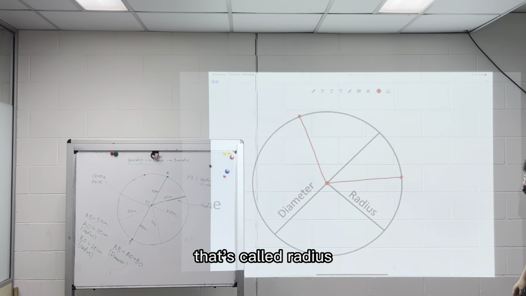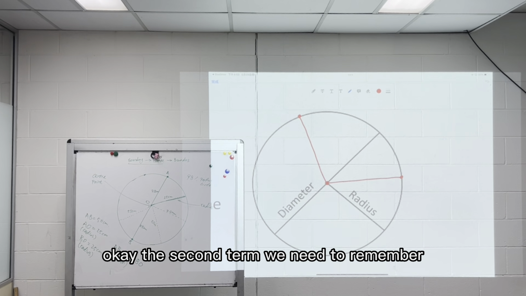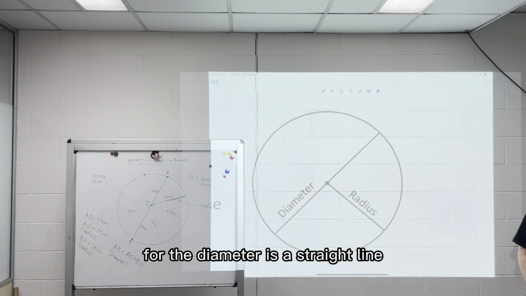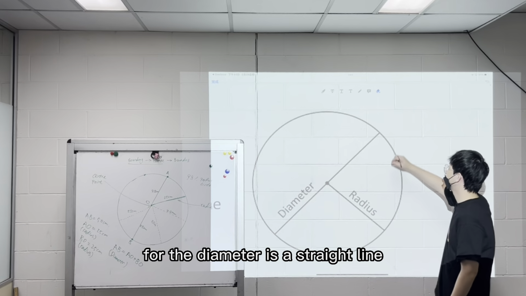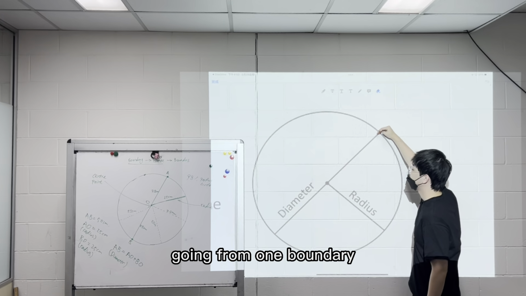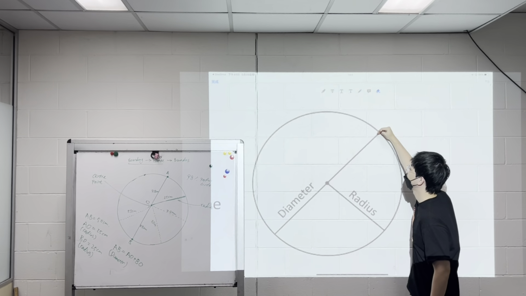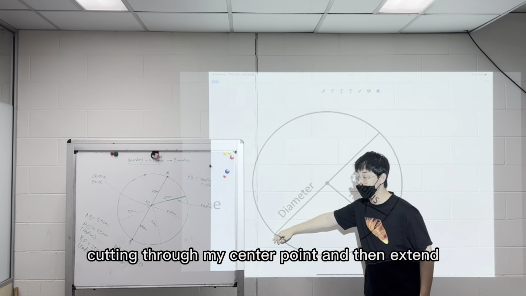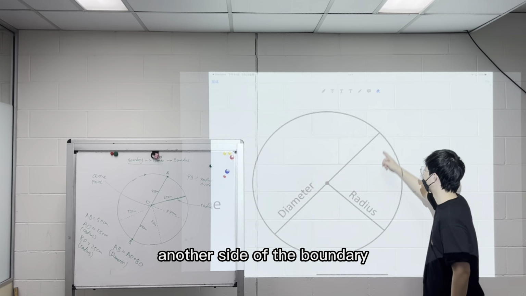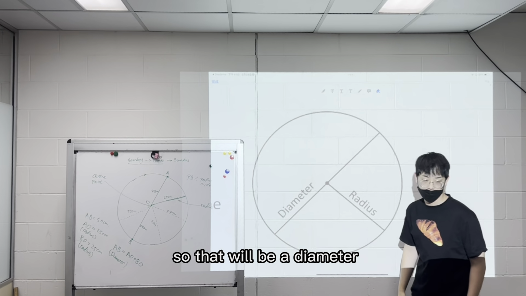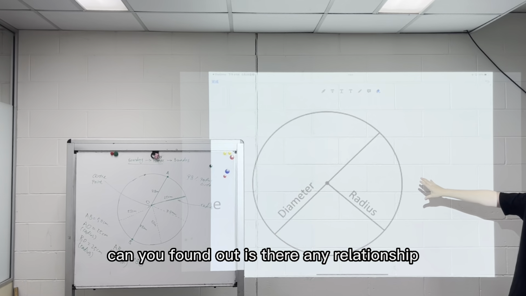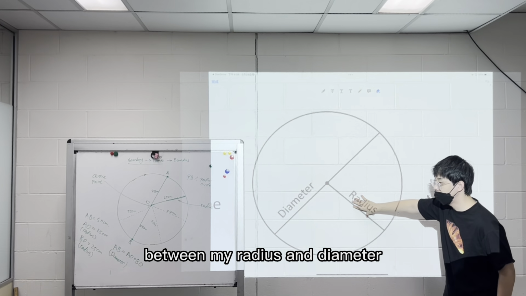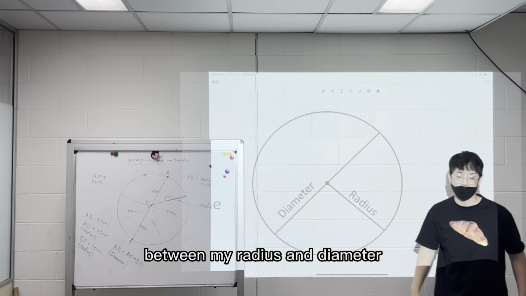That's the first term you need to remember, the radius. The second term you need to remember is the diameter. The diameter is a straight line going from one boundary, cutting through my center point, and then extending to the other side of the boundary. So that will be a diameter. Can you find out, is there any relationship between my radius and diameter?